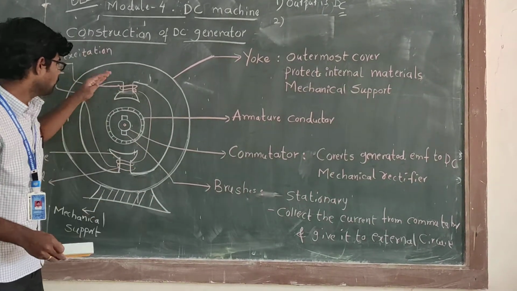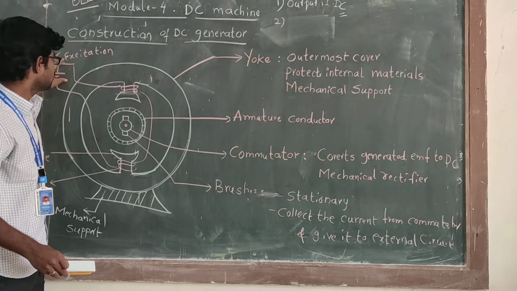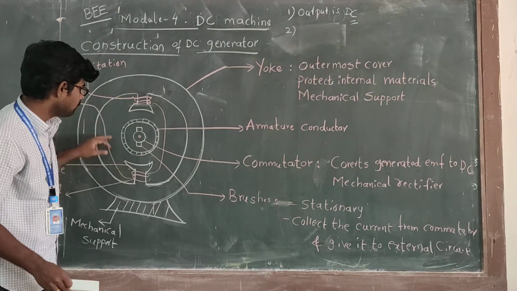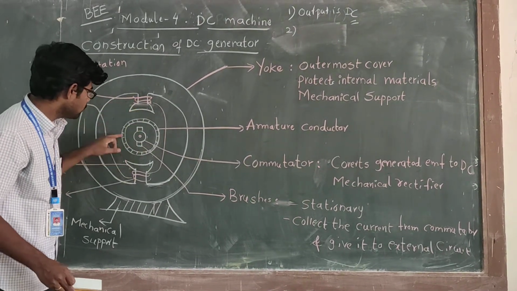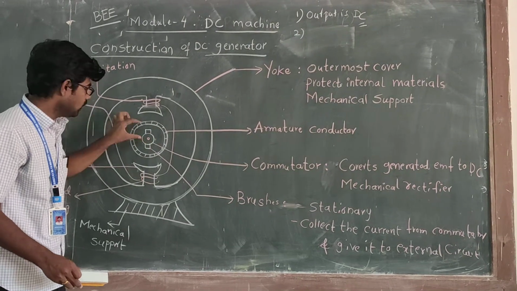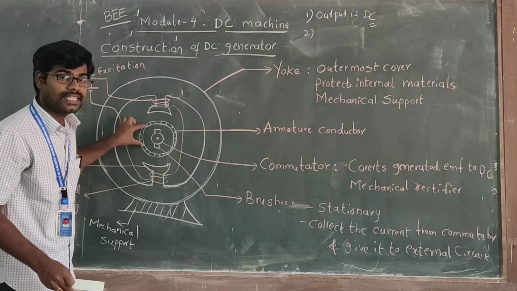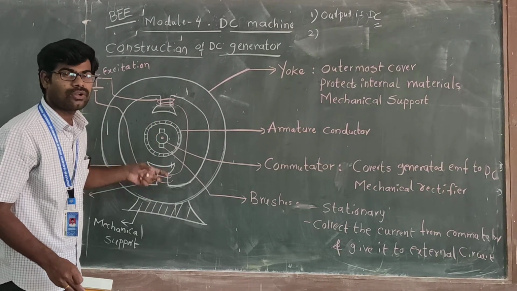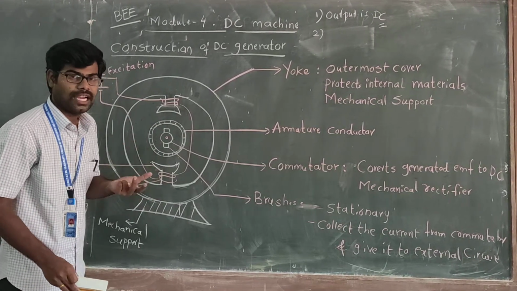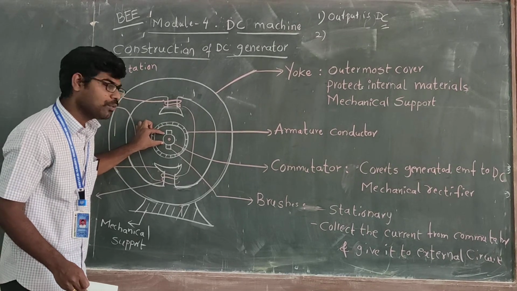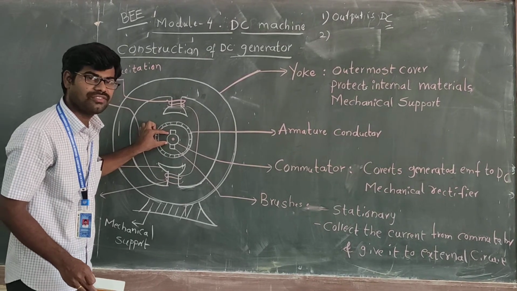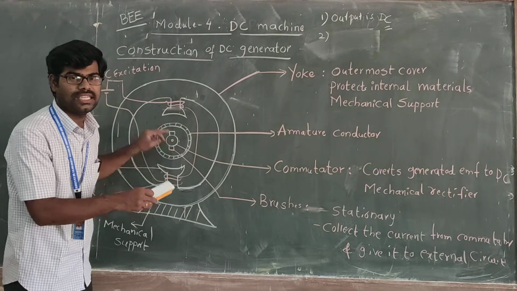So when DC excitation is provided, the field is present, and the armature is rotated by the turbine, EMF is induced in the armature, which is AC in nature. For that purpose the commutator is used, which converts AC to DC.